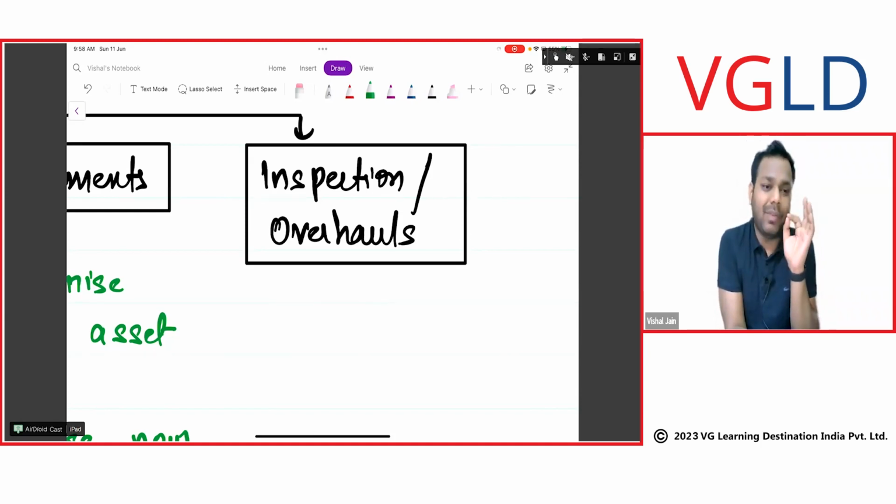Wonderful answer, yes. If I will not inspect the aircraft, I will not be able to operate it, right? As per the guidelines of the law, I will not be able to operate, and hence they act as an enabler asset, and hence we need to capitalize it.